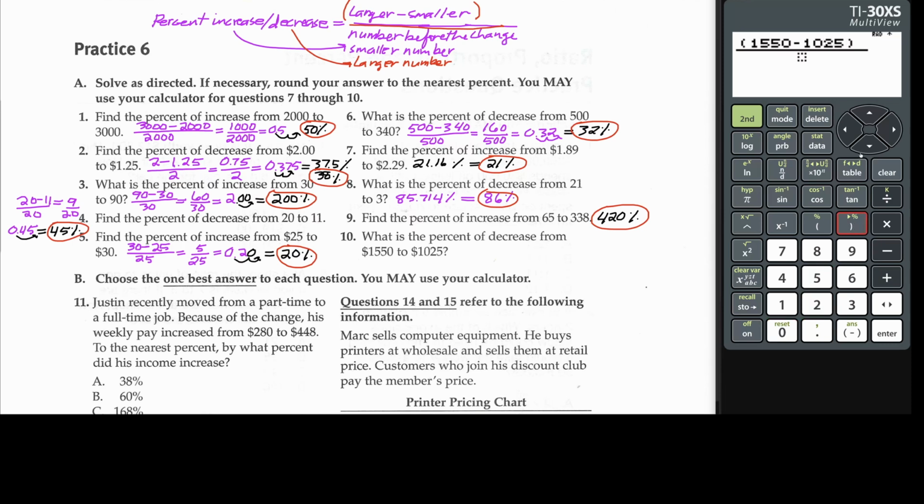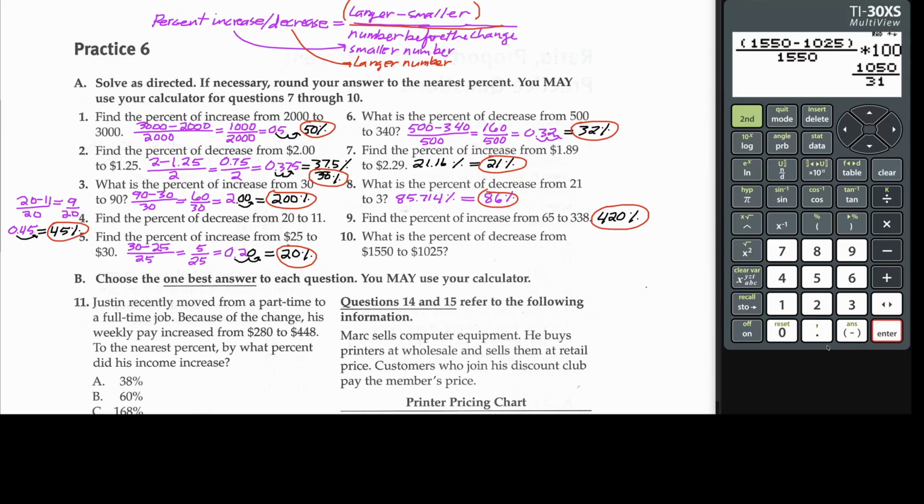Close the parenthesis, go down. Okay, and look at the question. What is the percent of decrease? That means the higher number is on the bottom. And then exit out. Multiply that by 100.